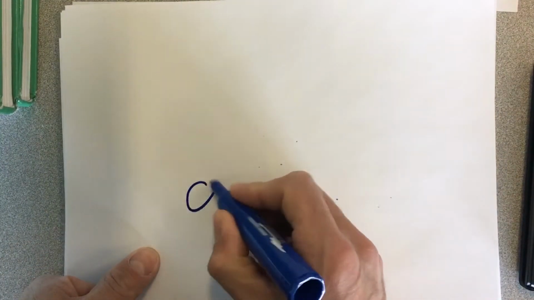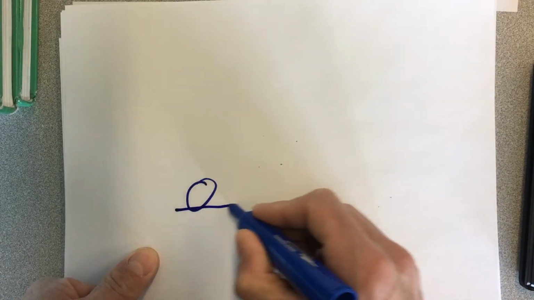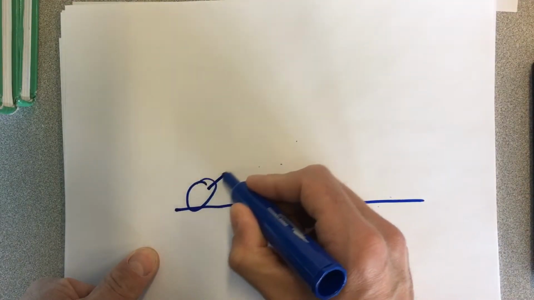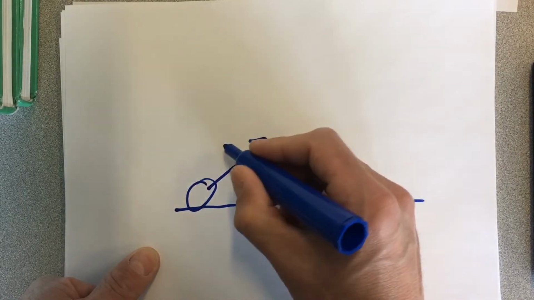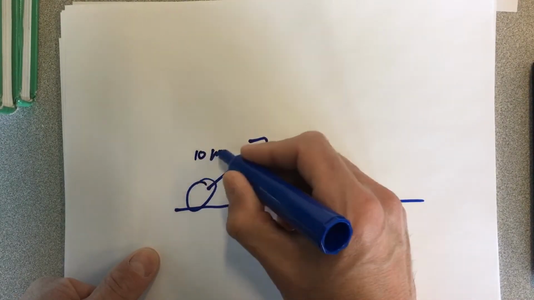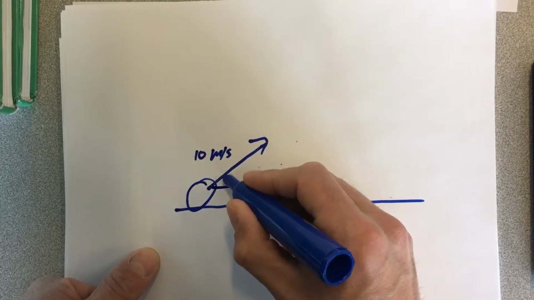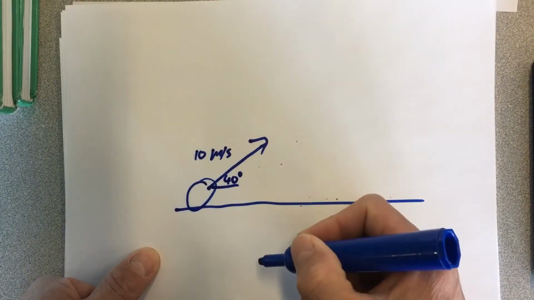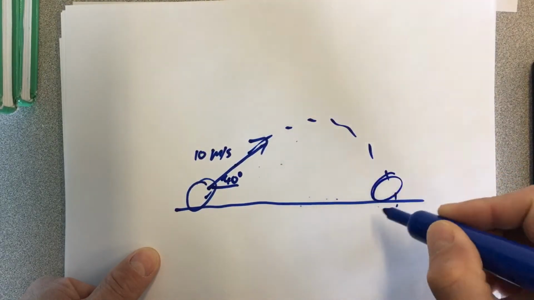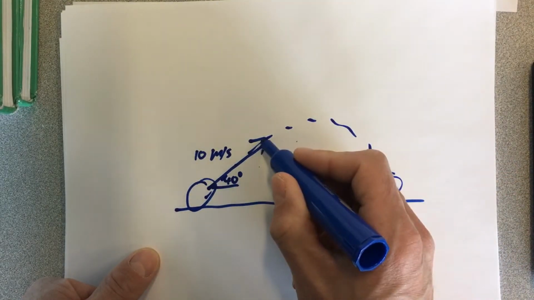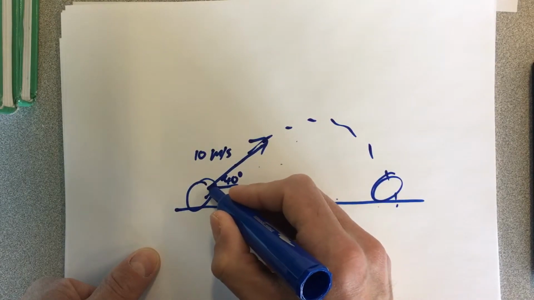So, let me recap the entire thing. This ball was kicked forward and upward at a speed of 10 meters per second with an angle of elevation of 40 degrees. To figure out how far forward it landed, we took that initial velocity and split it into components.